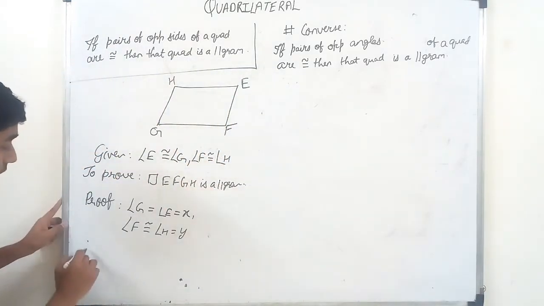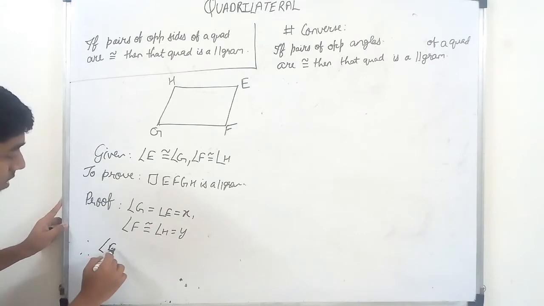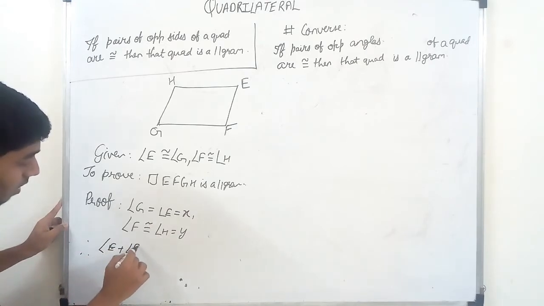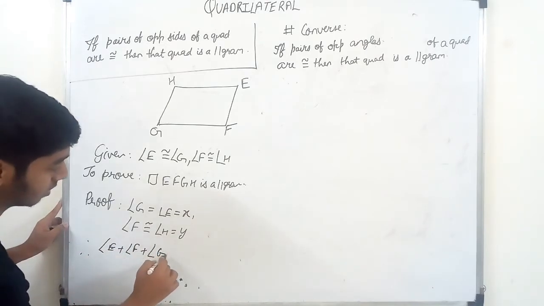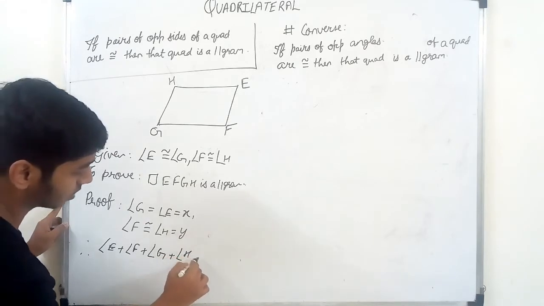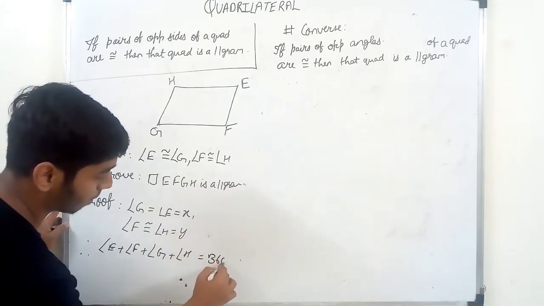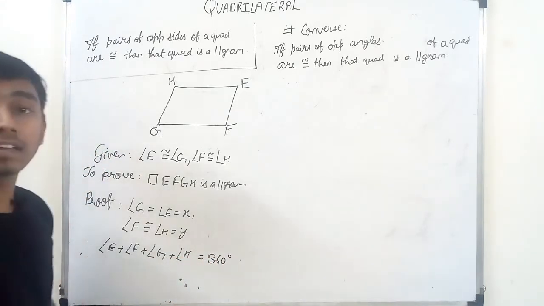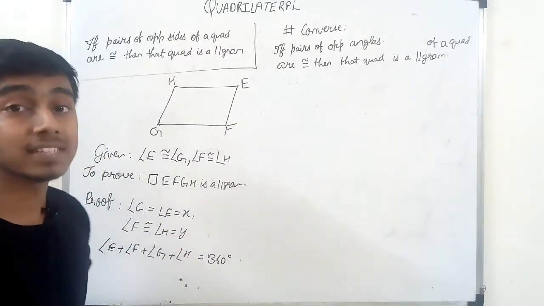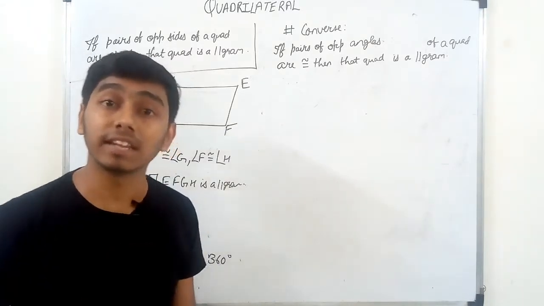Therefore, we can say angle E plus angle F plus angle G plus angle H is equal to 360 degrees. Why? The reason for this will be sum of the angles of a quadrilateral is 360.